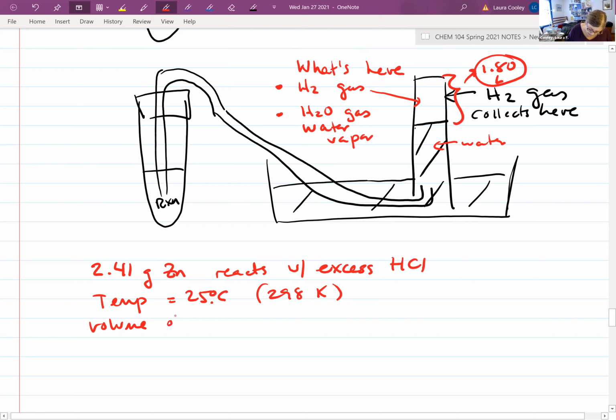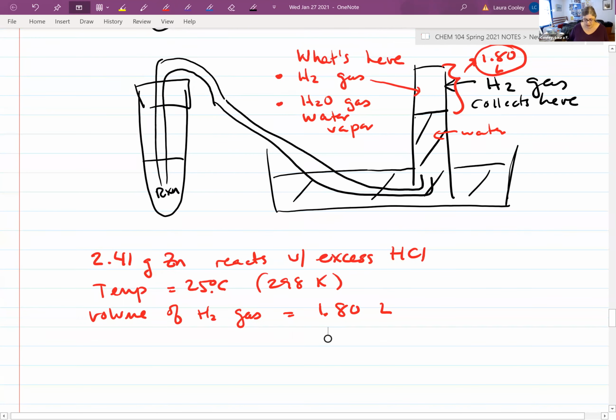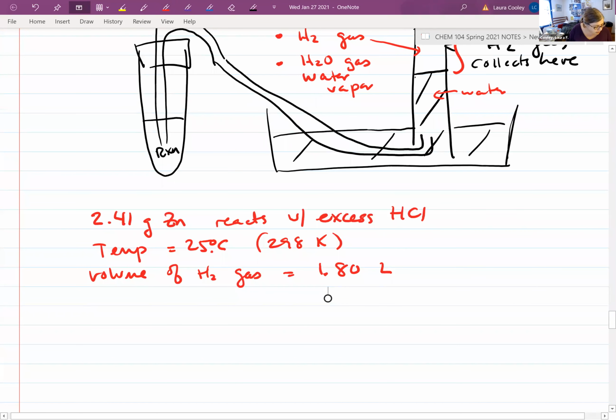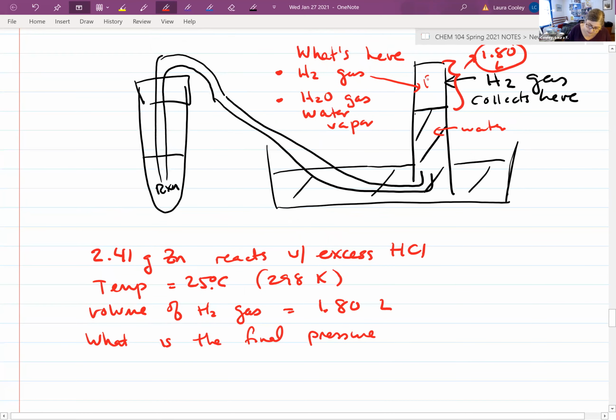Of course, there's water vapor in there as well. So what do we have to do? What is the goal in this problem? Suppose we want the final pressure over here.